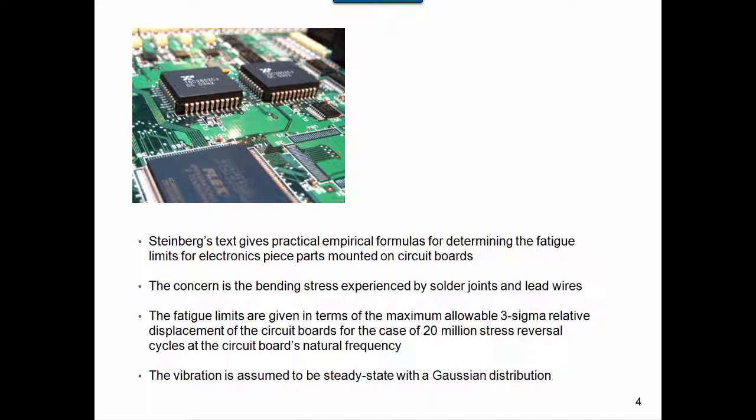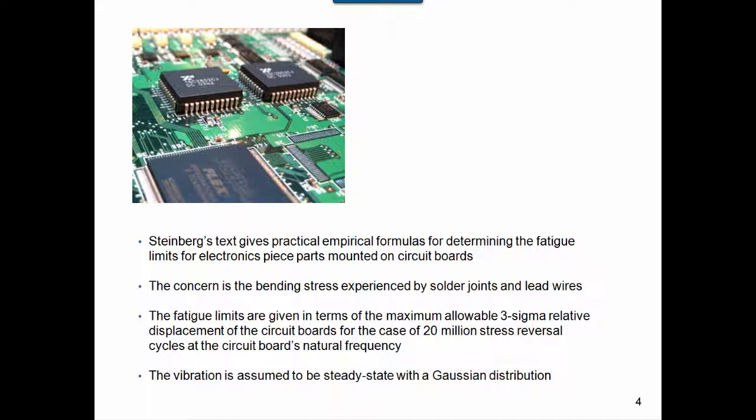So what Steinberg has come up with, and here I'm just going to mention that Steinberg had access to some body of data, and he never tells us what that data is. We sometimes refer to it as Steinberg's secret stash of data, but he did give the empirical formulas that he came up with based on the data that he was privy to, and I guess we'll say that that was just all proprietary data.